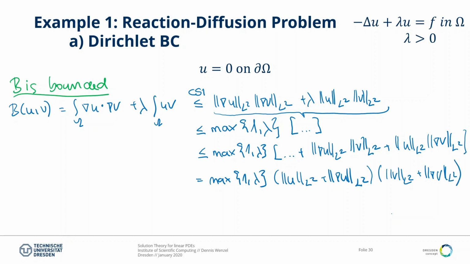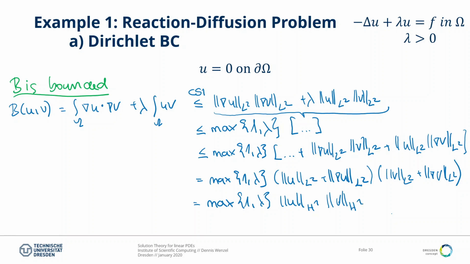So if you want to multiply this out, you would get your two parts that you had already here plus those other parts that I've just artificially added. And now this is perfectly fine, because this now is what I wanted to have. So this is the H1 norm of u, because it has the L2 part and the gradient part, times the H1 norm of v.